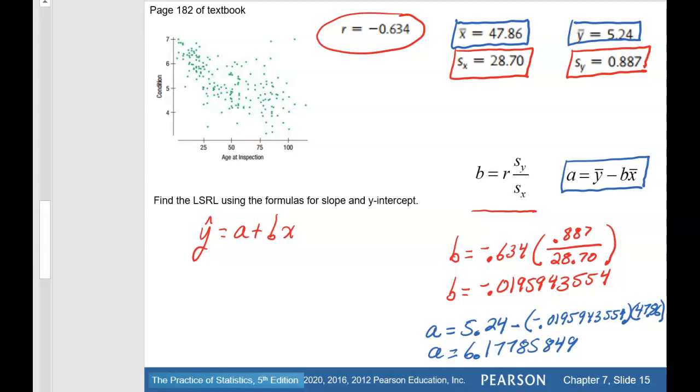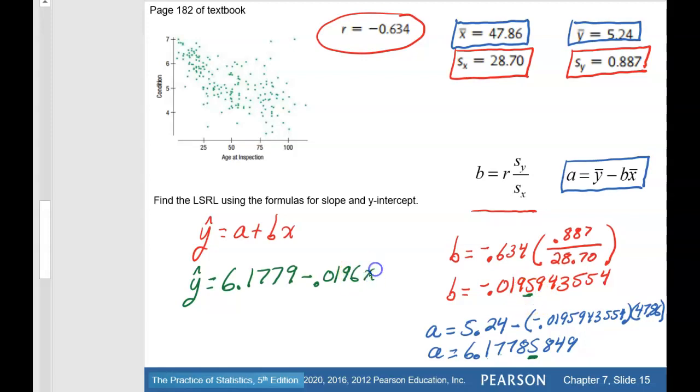Now for most computer software and the homework that I assign you, I'm going to ask for 4 decimals. So when you type in your answer, you're going to use 4 decimals. So you're going to say y hat is equal to 6.1779, because the 8 rounds up to a 9, minus 0.0196, where we round this 5 up to a 6.